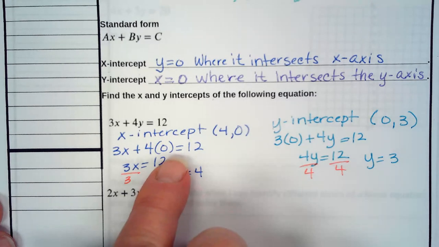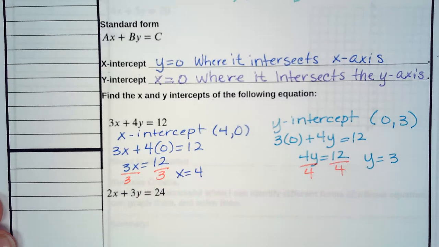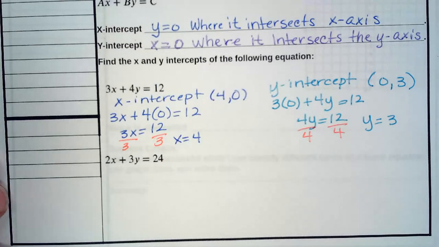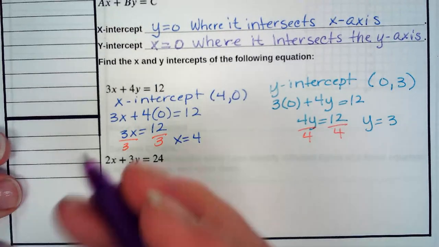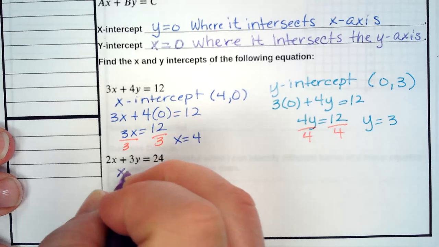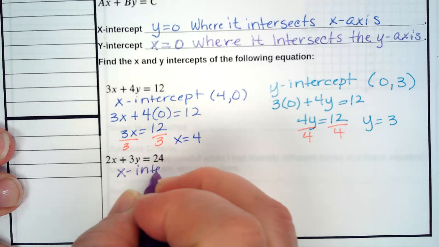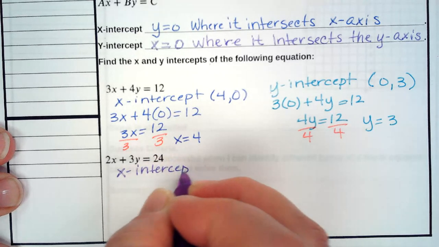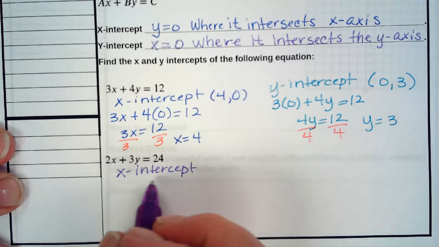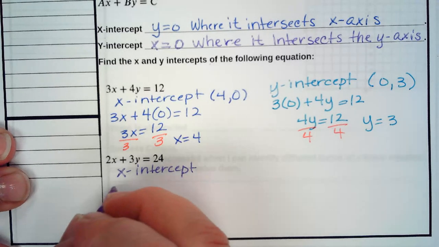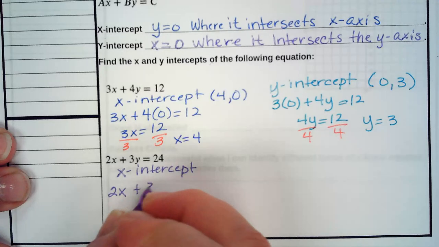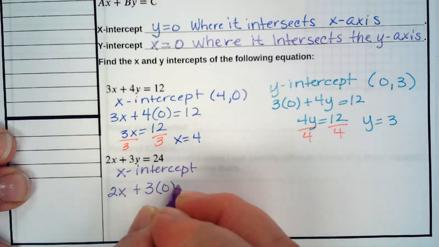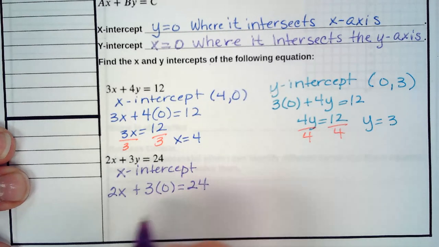Can you find the x-intercept? Can you find the y-intercept? Well, I hope you tried. X-intercept, where y is equal to 0, is 2x plus 3 times 0 is equal to 24.